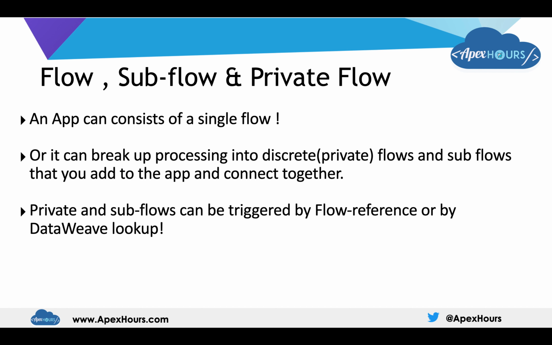This DataWeave lookup I can explain in the coming session, but whenever I am talking about private flows and subflows, these cannot run on their own. Okay, someone else should be calling these private flows and subflows, and that someone else can call using the flow reference connector. Okay, again, all these are theoretical parts. When it comes to our hands-on part, you will get to know.